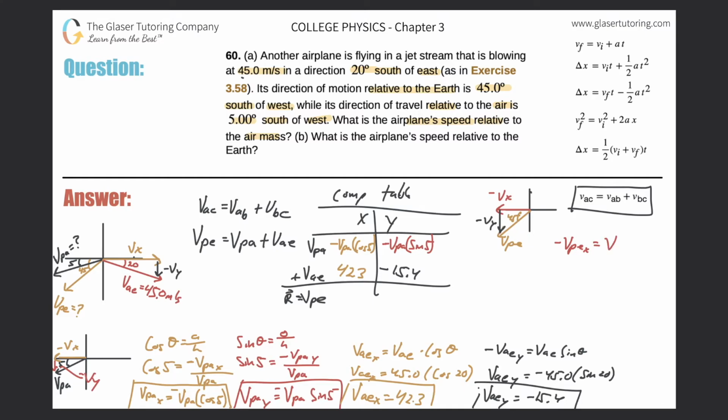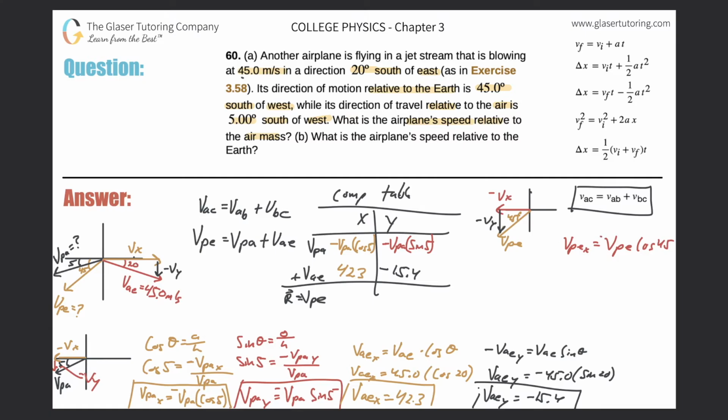So this is just the velocity of the plane relative to the Earth multiplied by cosine of 45. I did that all in one step instead of working it all out, but I think you guys got it from there. Just distribute the negative sign on over.